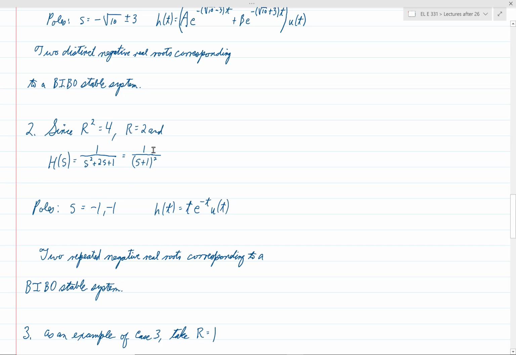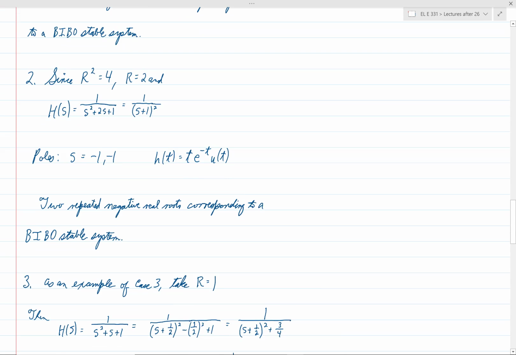And so that's, of course, 1 over (s plus 1) squared, which means that in this case, the poles are -1 and -1. We have a repeated root, and we know that in that case, the impulse response, h of t, would be t e to the minus t u of t. And so what we conclude then is that in case 2, we have 2 negative real roots again, but this time they're repeated. But again, we have a BIBO stable system.